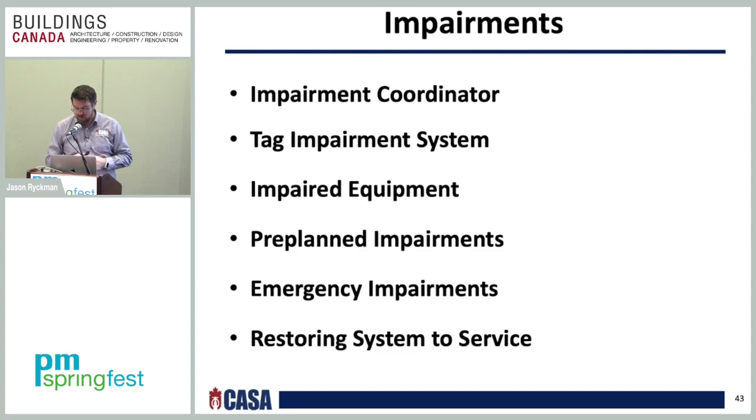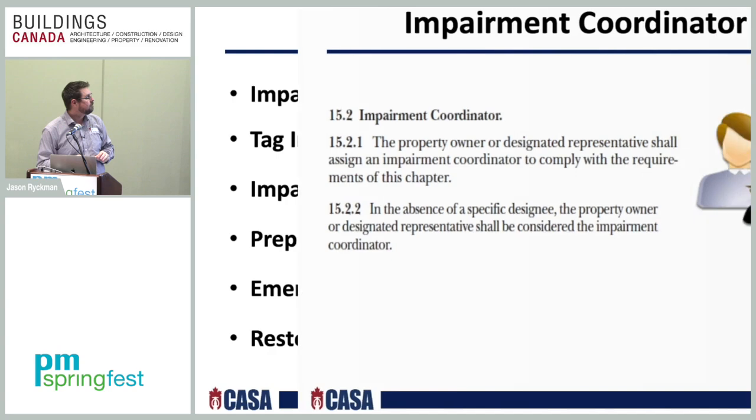Okay? Often the best way to ensure that an impairment program is properly set up is to review it with the authority having jurisdiction, which can be the fire department, the insurance company, or other officials. If any situations arise that are not covered by the impairment program, it is good practice to seek advice from the authority having jurisdiction. Okay?